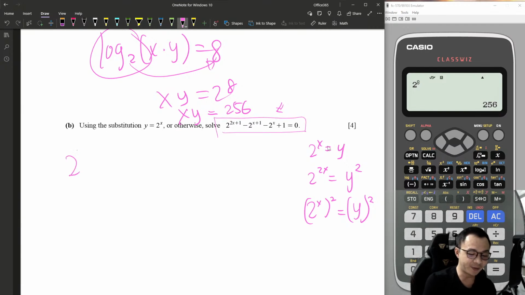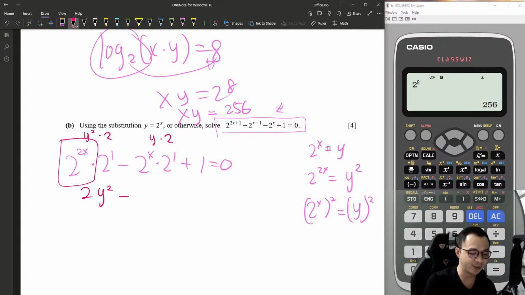This is 2 power of 2x plus 1, meaning multiply 2 power 1, minus 2 power of x plus 1, multiply 2 power 1, plus 1 equals 0. So I already know this one is y squared. So y squared multiply 2, we call 2y squared, minus y multiply 2, 2y, plus 1 equals 0. So this is a quadratic equation.